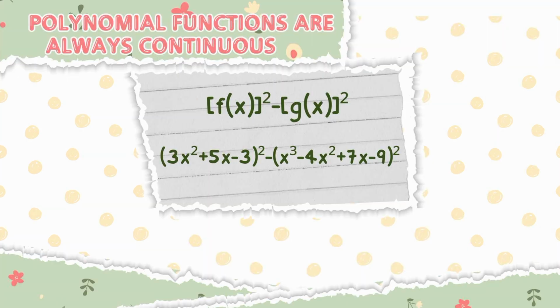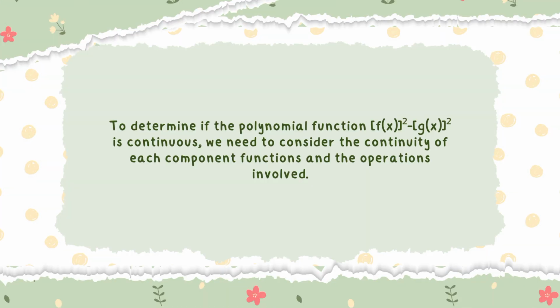Now, what if the equation is f of x squared minus g of x squared? Meaning it's going to be 3x squared plus 5x minus 2 squared minus x cubed minus 4x squared plus 7x minus 9 squared. Is it still continuous? To determine if the function f of x squared minus g of x squared is continuous, we need to consider the continuity of each component function and the operations involved.